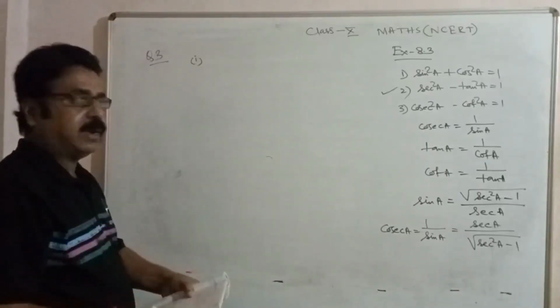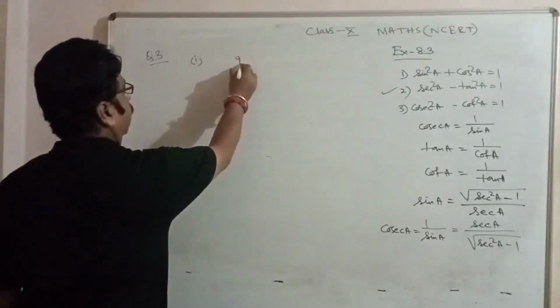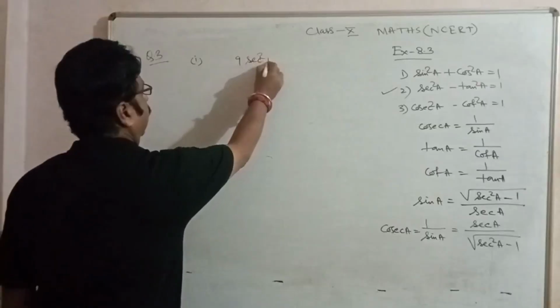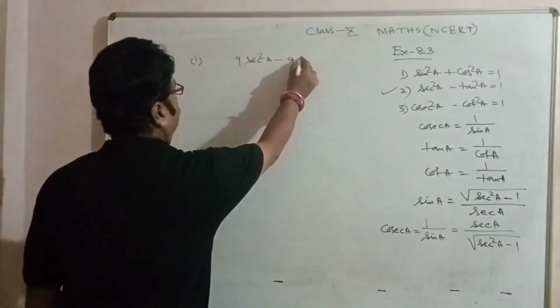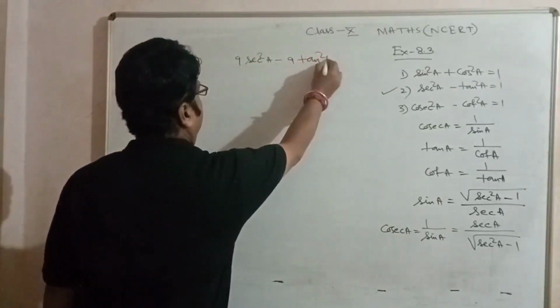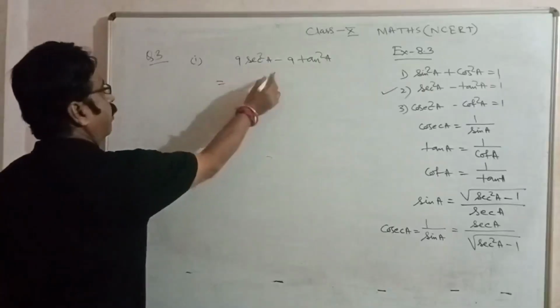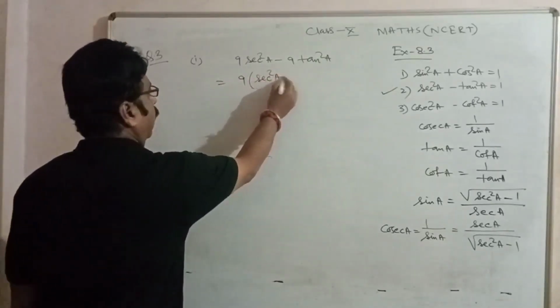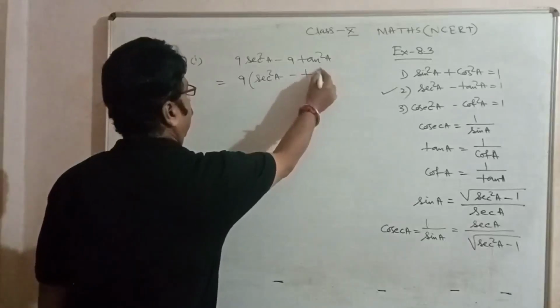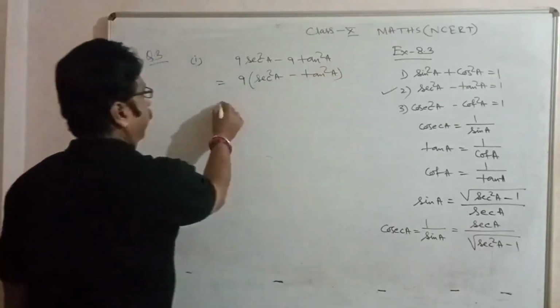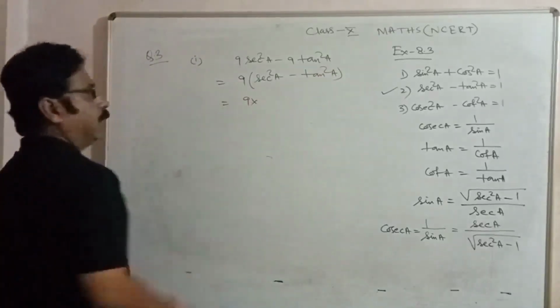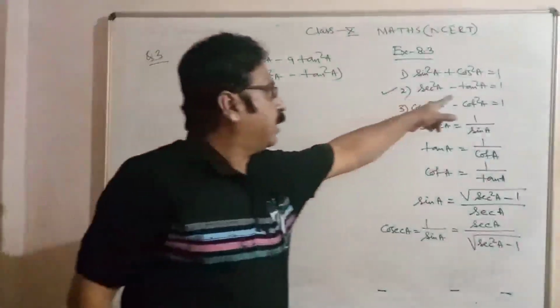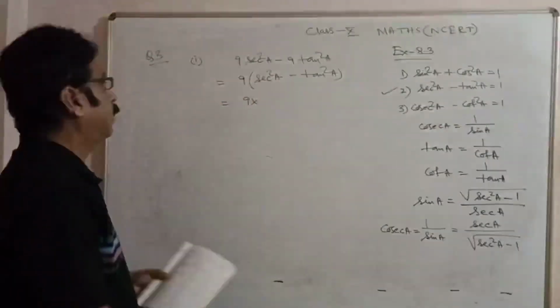Nine sec square A minus 9 tan square A. We can take 9 as common. Sec square A minus tan square A is 1.